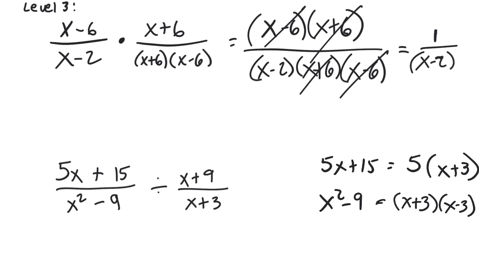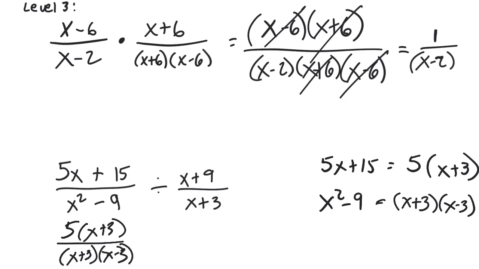So I'm just going to rewrite what I have over here. Let's write it below because I got to flip that fraction anyway, the second one. So I'm going to have 5 times x plus 3 on top divided by x plus 3 times x minus 3.